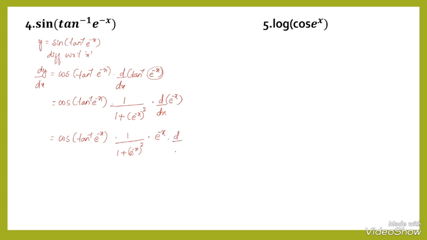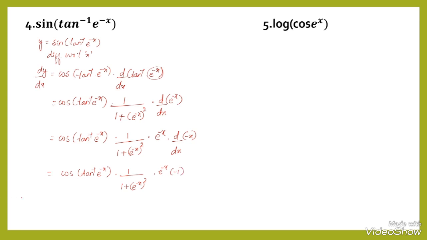Again differentiation of, in place of x we have minus x, so I can again differentiate. Now cos of tan inverse e to the power minus x into 1 divided by 1 plus e to the power minus x whole square into e to the power minus x into minus 1.